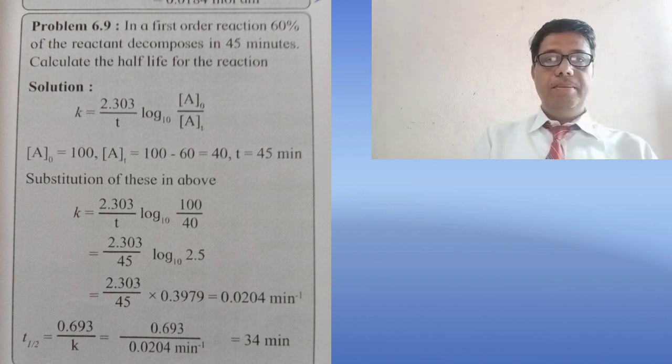Time is given in minutes, that is 45 minutes. So putting the values, k is equal to 2.303 upon t log to the base 10, 100 upon 40. Solving this, it becomes 0.0204 minute inverse.